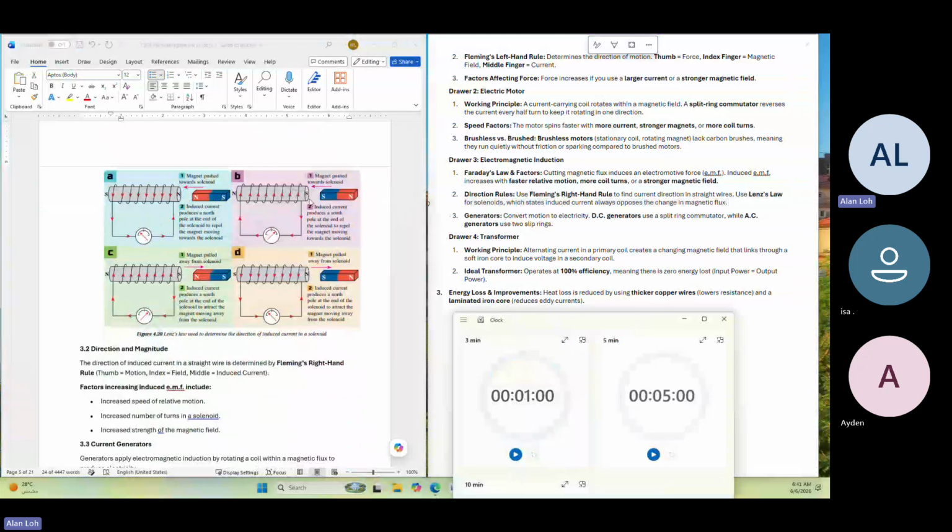I repeat, drawer 3 is using movement, because if you move this magnet in and out, there's movement, and then electricity is generated. So there will be current flowing in this wire. For drawer 2, you are using electricity that you get from your battery, or from your power source on your wall, and get movement, like the blade of a fan that is moving.